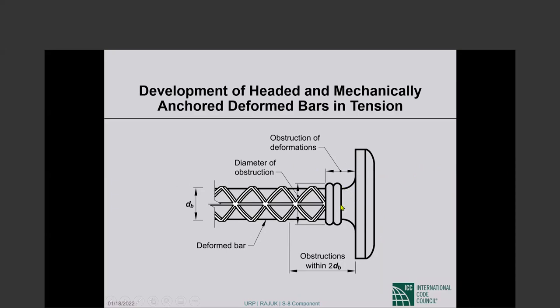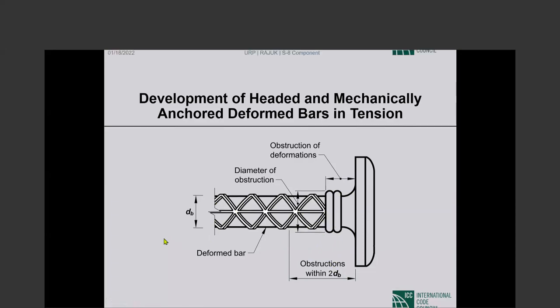This is the regular pattern of deformation of the bar that is disturbed at the end, but the obstructions must be within 2 bar diameters. So these things that are different from the regular deformation shall not extend more than 2 bar diameters into the bar. That's what this is saying.